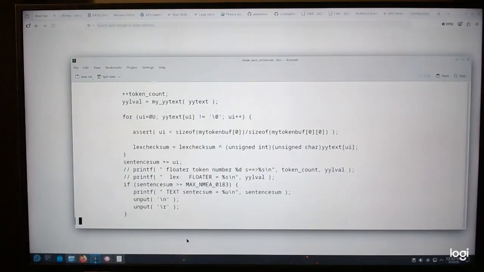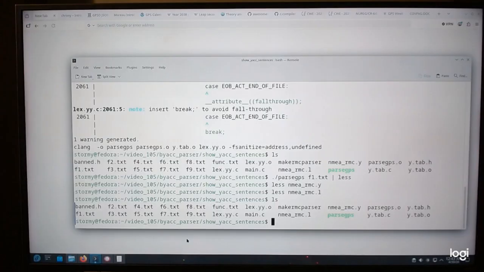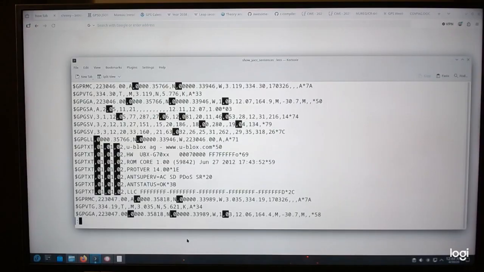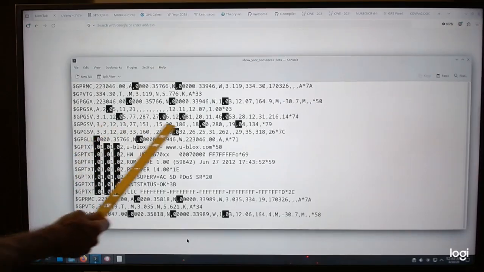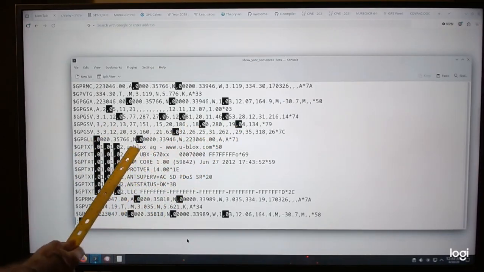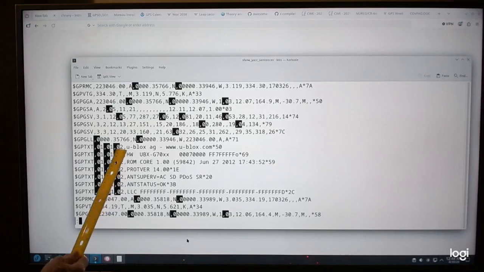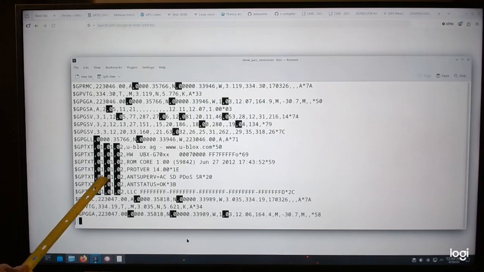Let me do the list, F1. Let me show you now. I'm going to look for leading zeros. See right here? Look at all these leading zeros, especially on the integers right here. Those are leading zeros on integers, and if I were to convert these strings into integers, I would lose that leading zero.